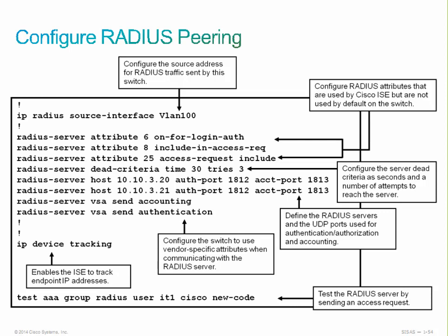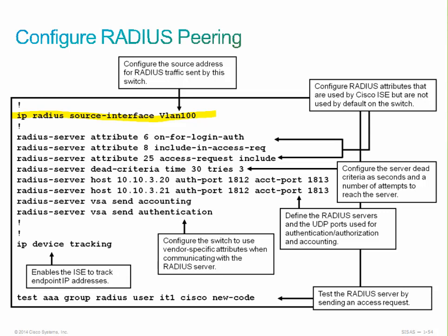We then can configure the interface from where all RADIUS traffic is going to be sourced. We see that as the very first command in the list here. The reason this might be particularly important is that you can have access rules defined in the system that identify where RADIUS traffic is supposed to come from in order for it to be sent to the RADIUS server.